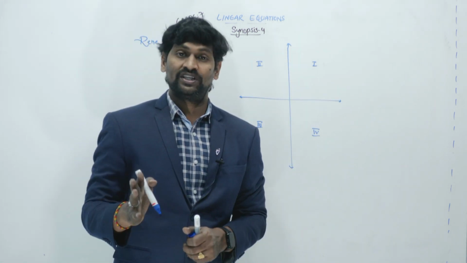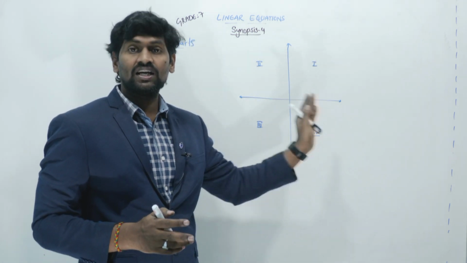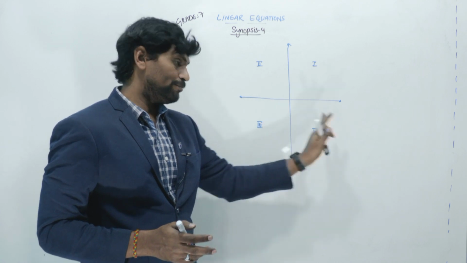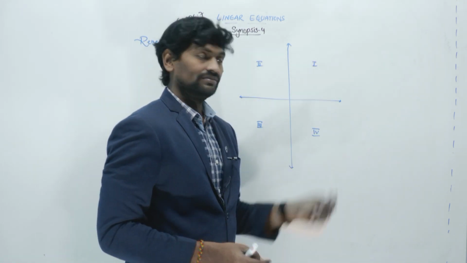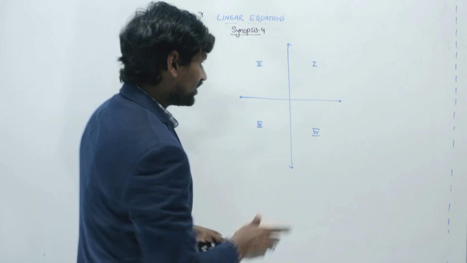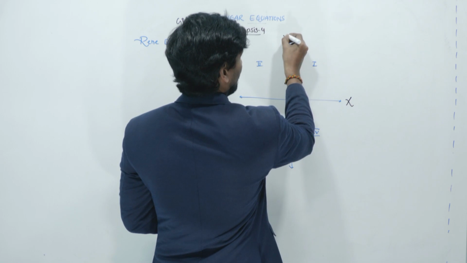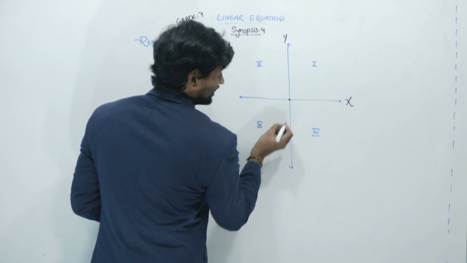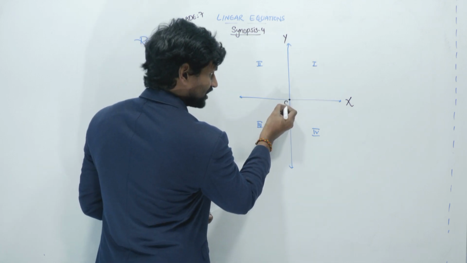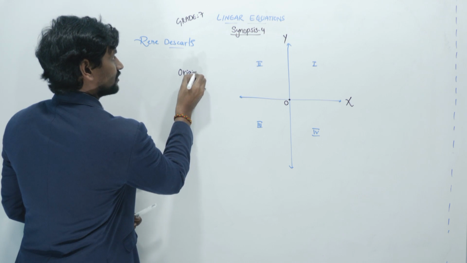The alternative is that if the point is not located in any one of the quadrants, or any one of these parts, the point will definitely be on the lines. This horizontal line is named the x-axis and the vertical line is named the y-axis, and the point of intersection of the x-axis and y-axis is called the origin.